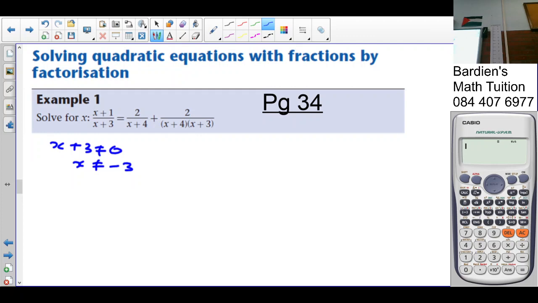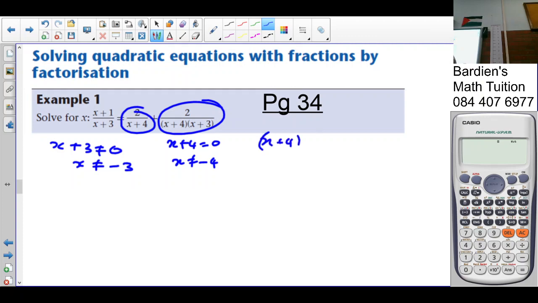We look at the second fraction. You've got 2 over x plus 4. So what do we know from here? x plus 4 can never be equal to 0, and x can never be equal to negative 4. If you look here at the third fraction, you've got 2 over x plus 4 into x plus 3.